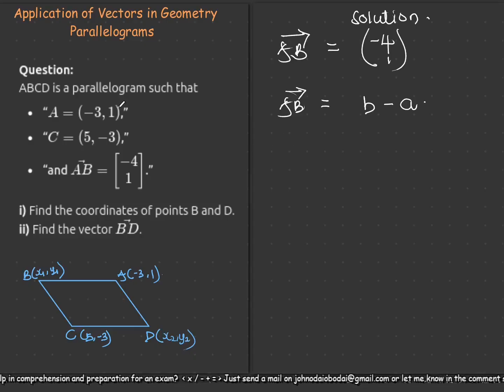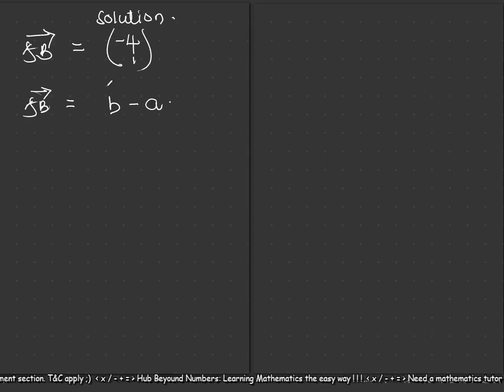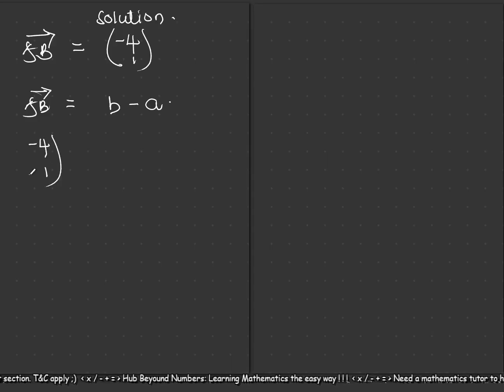Meanwhile, we know our A is -3, 1, as you can see here, and our B is x1, y1. So substituting AB, which is -4, 1, we have -4, 1 equal to B minus A.